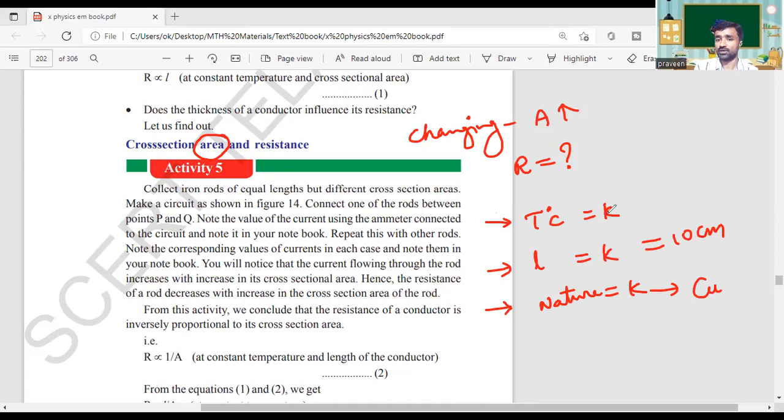For temperature, you need not change anything. You maintain the voltage constant, and the weather conditions and time also constant. Then automatically your temperature will be set to a constant value.